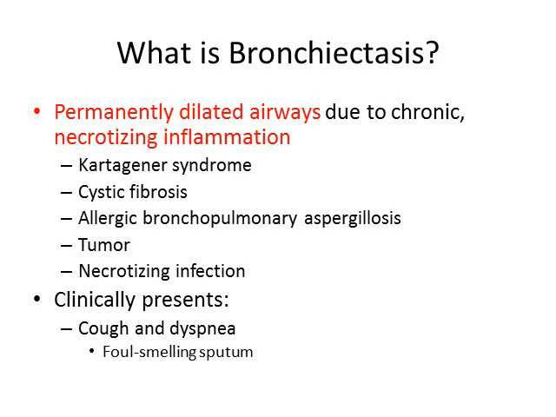Okay, finally, what is bronchiectasis? It is essentially a permanently dilated airway, and it's usually due to necrotizing inflammation, and that can occur through a lot of different mechanisms. Kartagener syndrome, you may have spoken about this during genetics. It's essentially a defect in the ability of cilia to function, and these patients will present with some really unique findings.